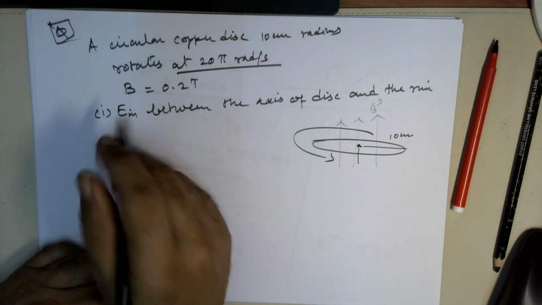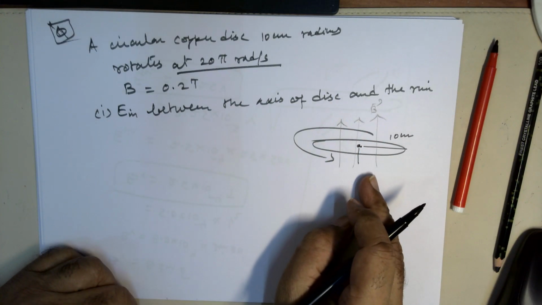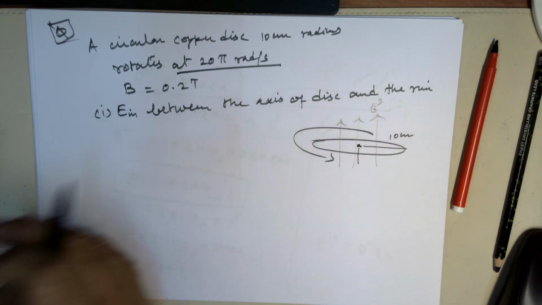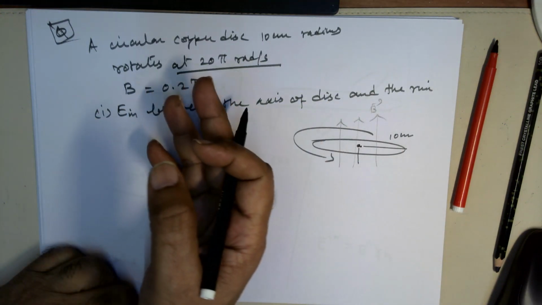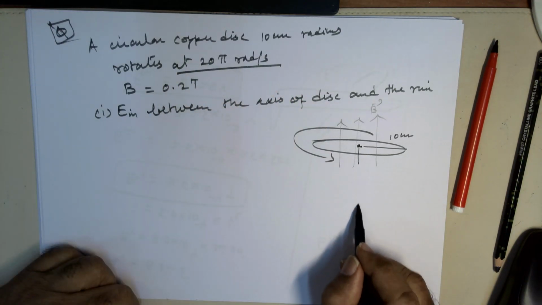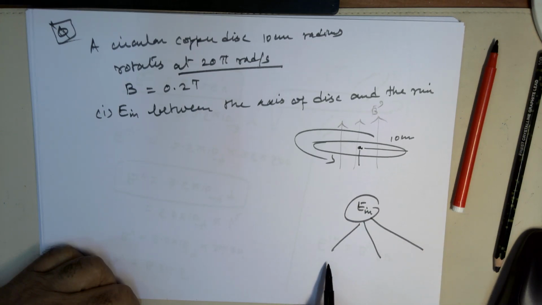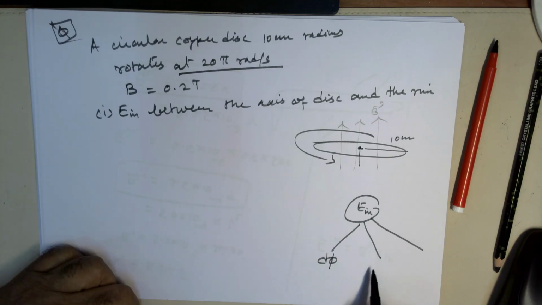Now, as you know very well, a rotating disc is crossing the magnetic field perpendicularly. Then definitely there will be magnetic induction, because we have seen how induced EMF can happen. In how many ways? By changing the magnetic flux, by changing the area, or by changing theta, that is orientation.